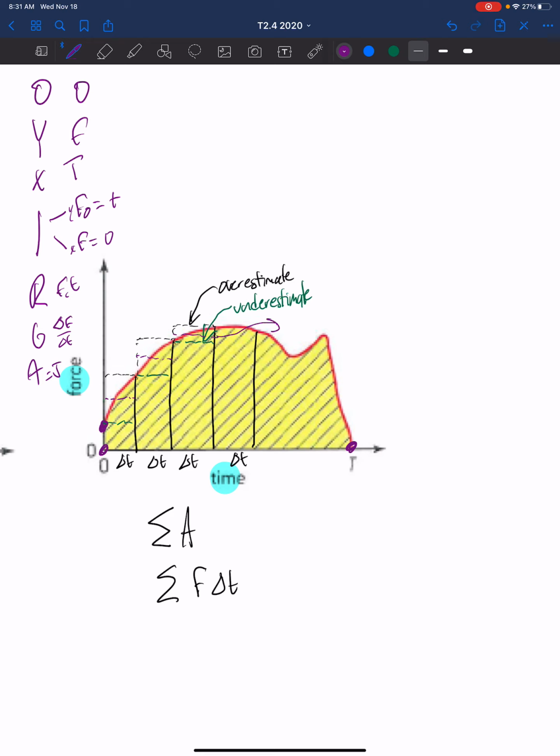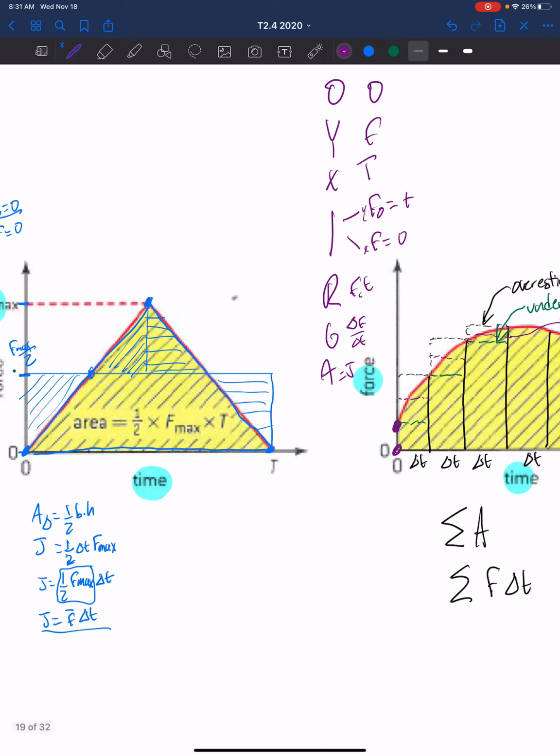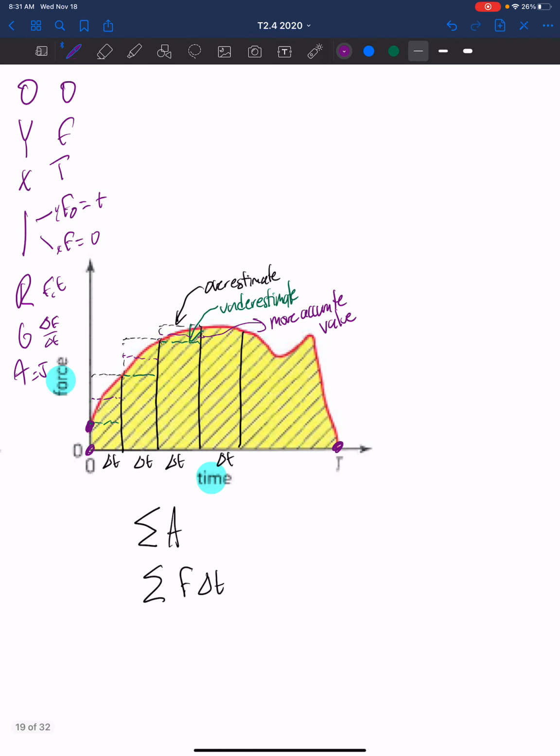And this will give us a more accurate value. But it is still going to be off. It is not going to be mathematically perfect as it would be over here. And if you notice, what we're doing here is we have this triangle like this, and we're finding the midpoint. So it will give us more accurate values.